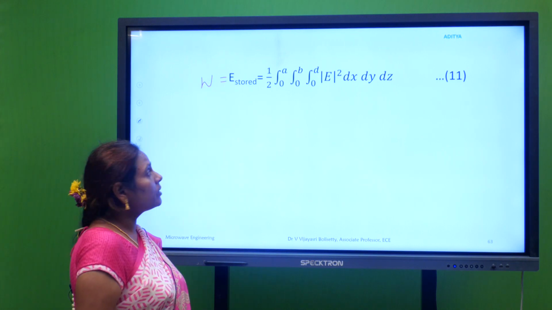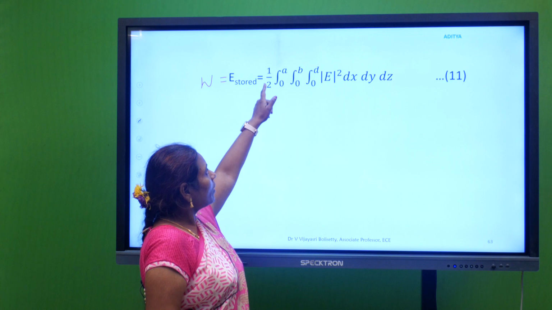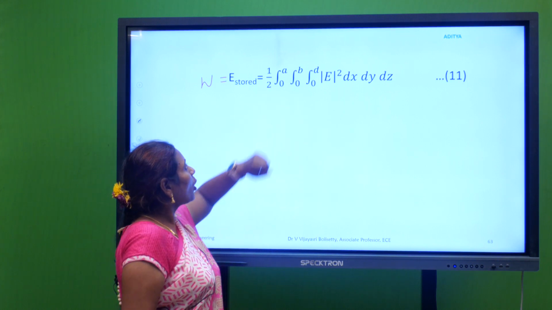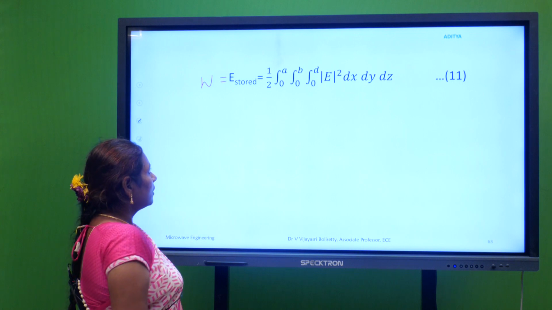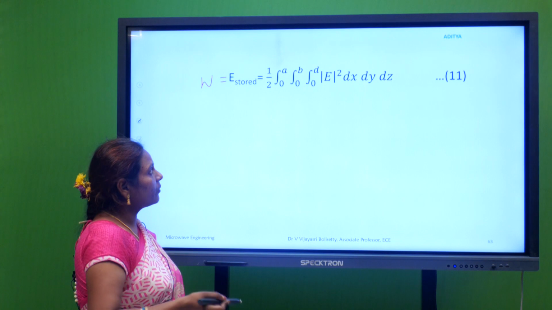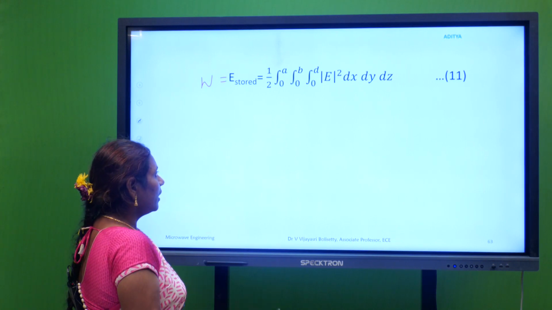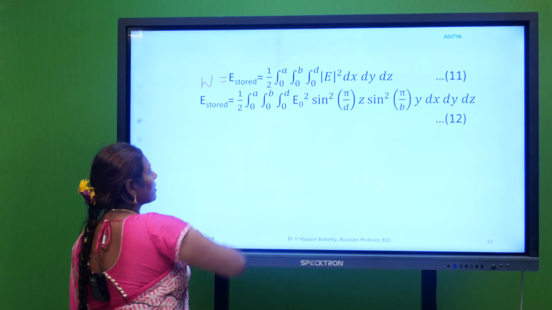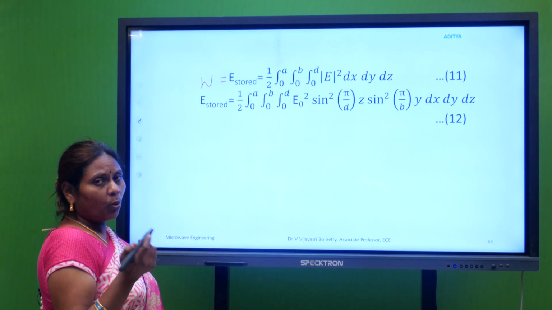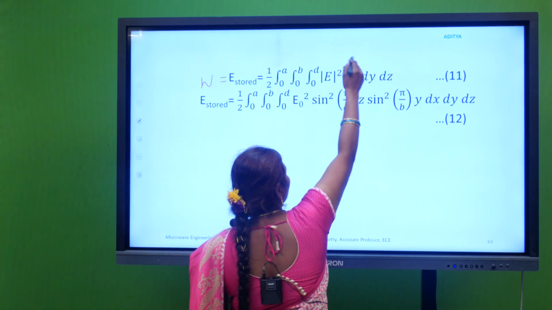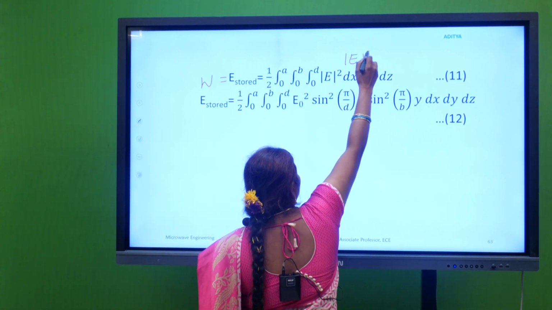So this W is equal to 1 by 2 integral over a volume, which can be taken as integral 0 to a, 0 to b, 0 to d, E square dx dy dz. Actually, this E square can be taken as Ex square plus Ey square, but only Ex is defined, so E square can be written as only Ex square.